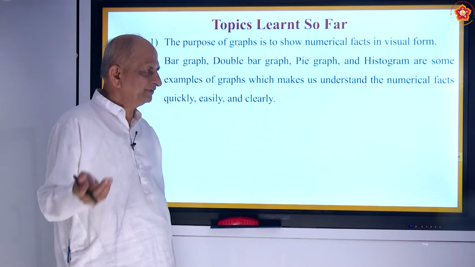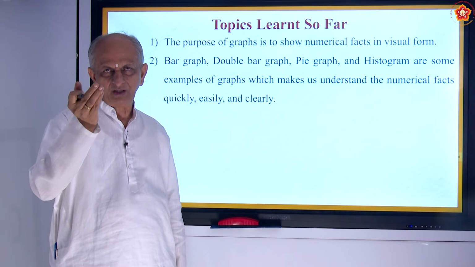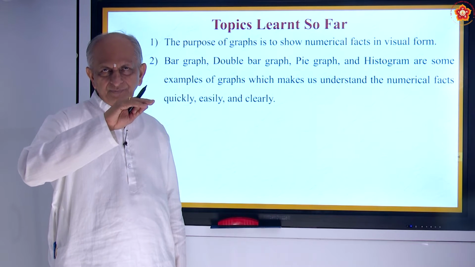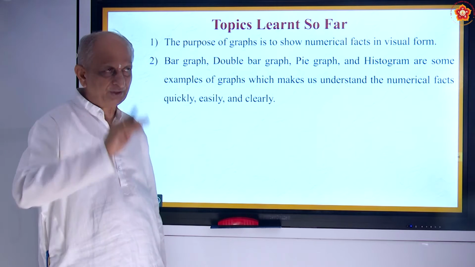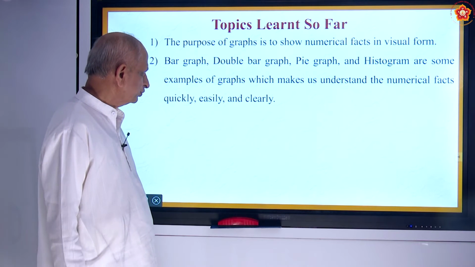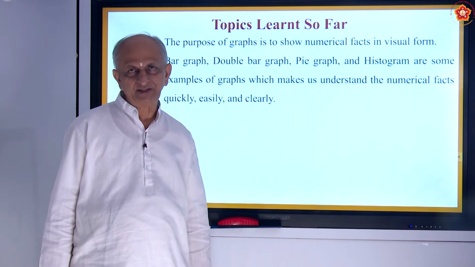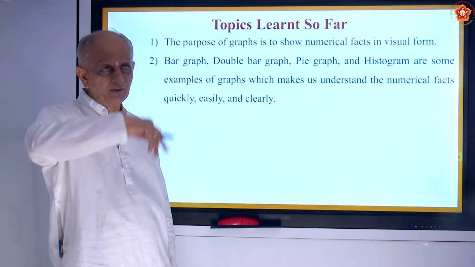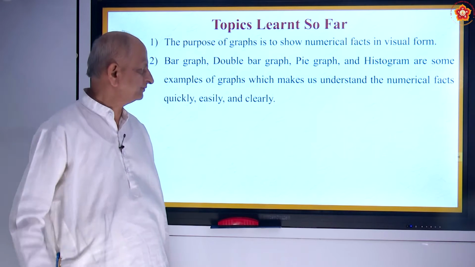Double bar graph, comparison of production or comparison of rainfall, all that in 2 years successively, or scoring marks and all. Pie graph is also called a circle graph, wherein all the information is put into sectors.